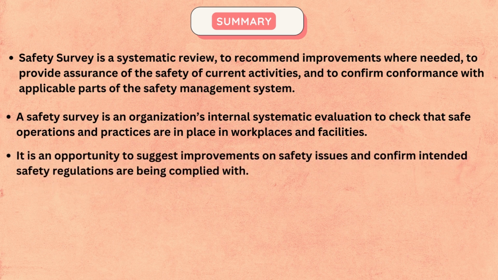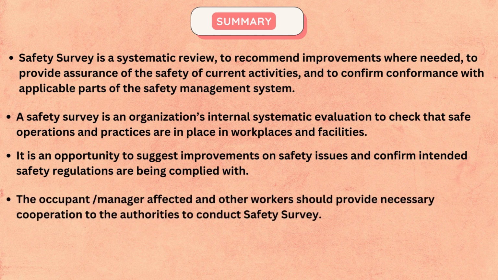It is an opportunity to suggest improvements on safety issues and confirm intended safety regulations are being complied with. The occupant or manager affected and other workers should provide necessary cooperation to the authorities to conduct the safety survey.